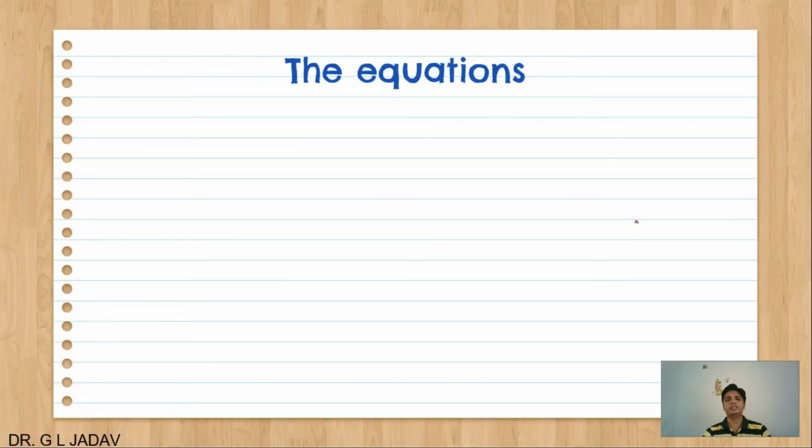Let us look at the equations. Minus dI by dt is directly proportional to I, where I is the incident radiation, and dI is the decrease in intensity of radiation at a particular thickness dt.